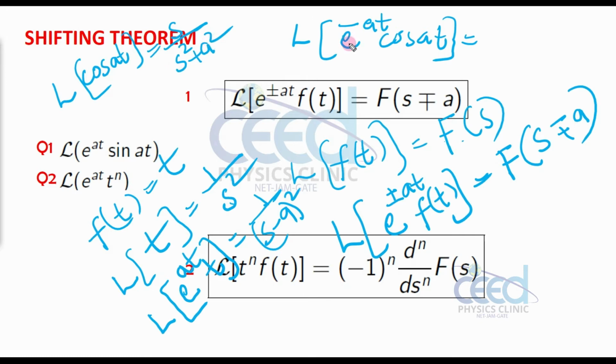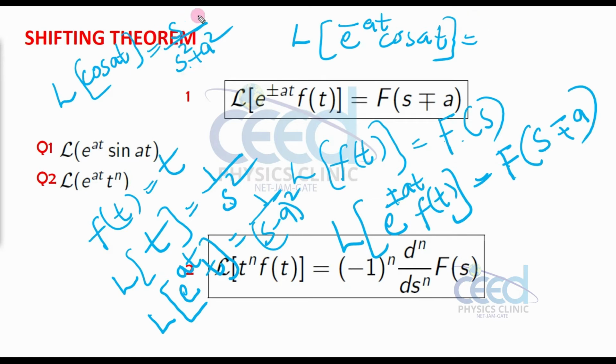The Laplace of cos at is s by s square plus a square. If you multiply e raised to minus at with this function, then by the theorem, this is the second case: e raised to minus at multiplied by f of t, and the Laplace transform changes as F of s plus a. Now you have to add this constant a to s.